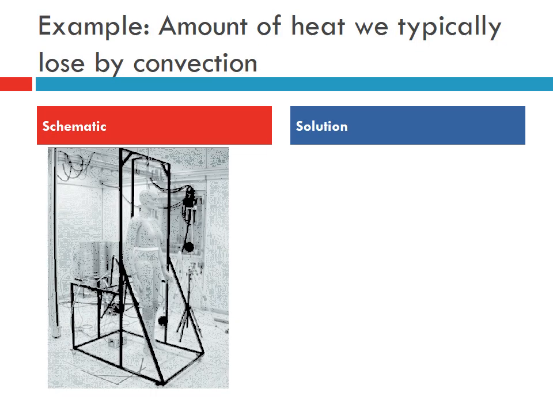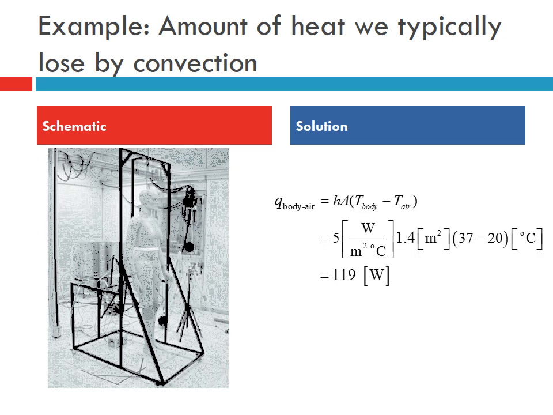So we now want to simply apply that convection equation. No big deal, just putting in some numbers. We want to calculate how much heat we would lose from our body to the air. Such heat losses are extremely important for our thermal comfort, and they're measured using mannequins like what we are showing here.